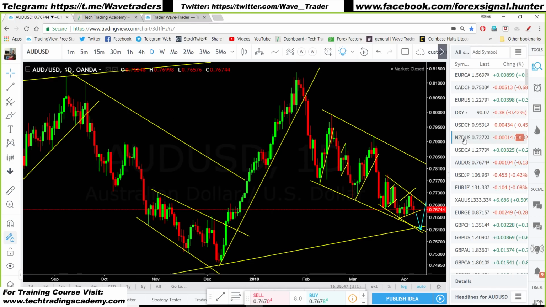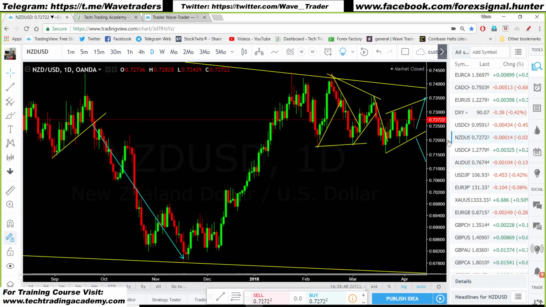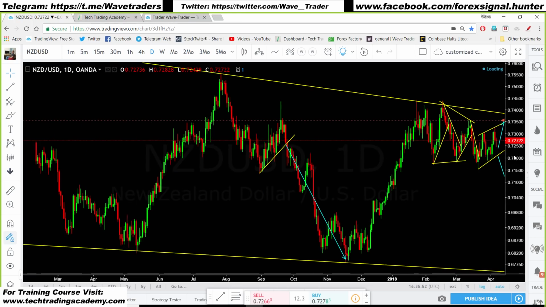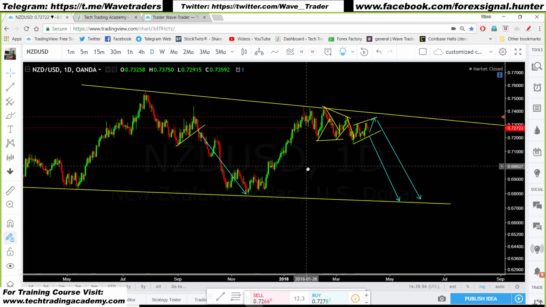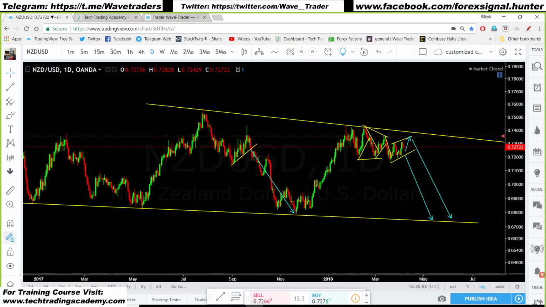In Kiwi dollar, currently we are neutral. That's why I haven't shown you this chart before, but for the longer term we are still looking for it to break down. On this chart, on this pair, it can slightly go above that, test that top again, and then drop.